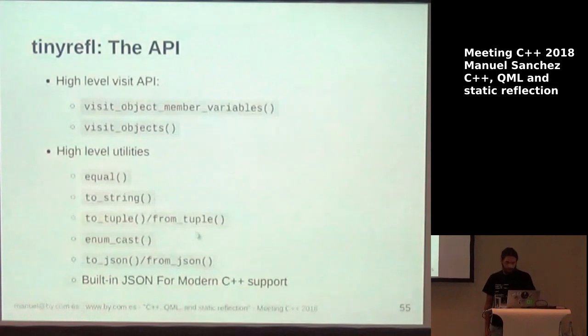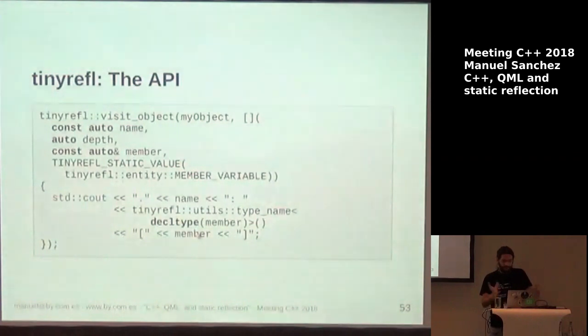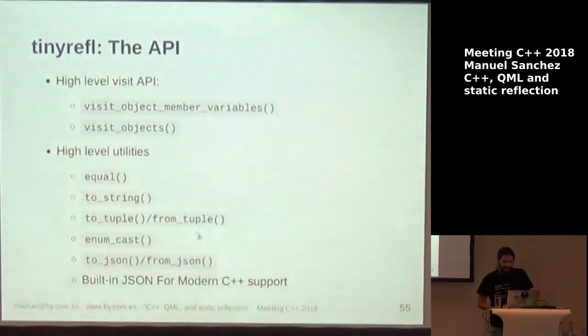Then there is an even higher level API with utilities like visit object member variables, to know how to write the enumeration and all that macro, everything put there. Then visit objects is an overload for visiting multiple objects at the same time. And then a generic toString function, a generic toTuple, whatever. A lot of stuff.